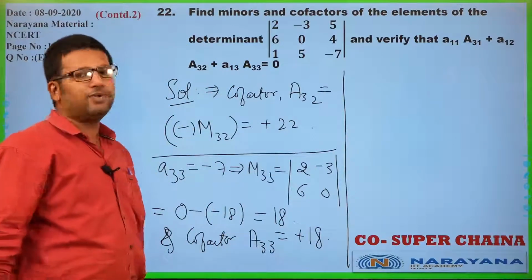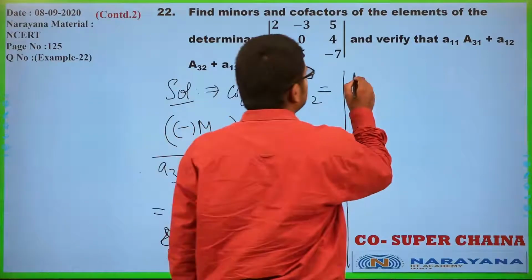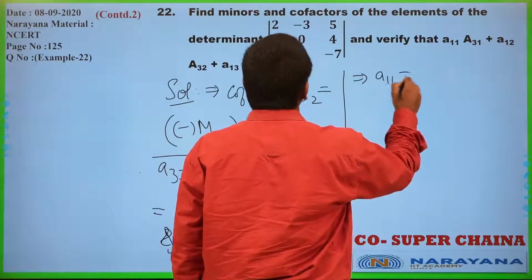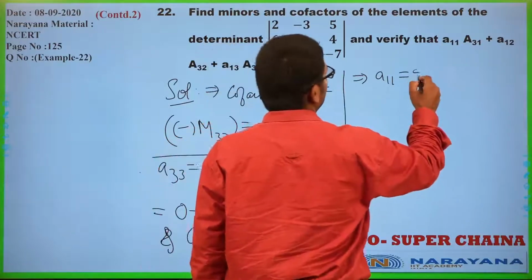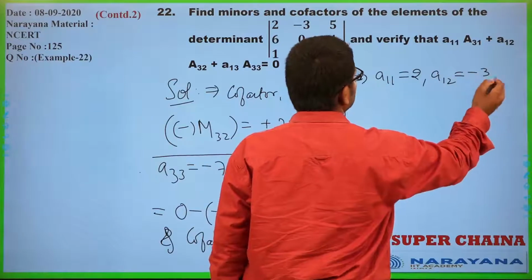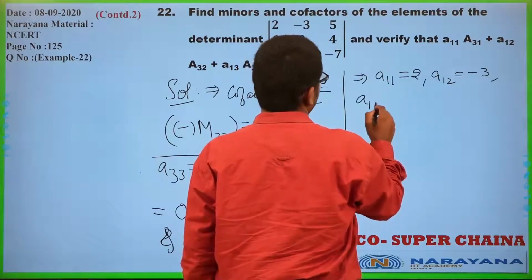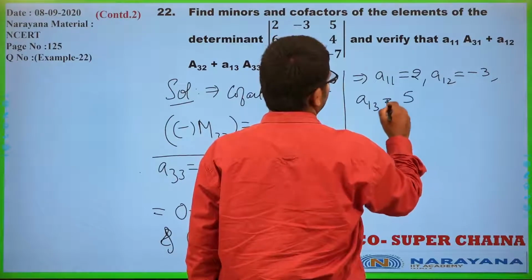Correct? So now we have figured out the minors and cofactors of all the elements. So from this, we have A11, which was 2, A12, which is minus 3, A13, which is 5, right?